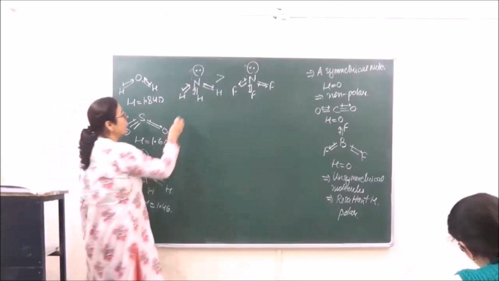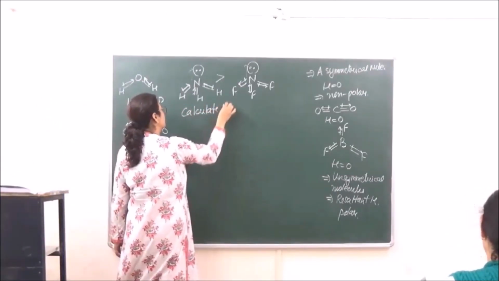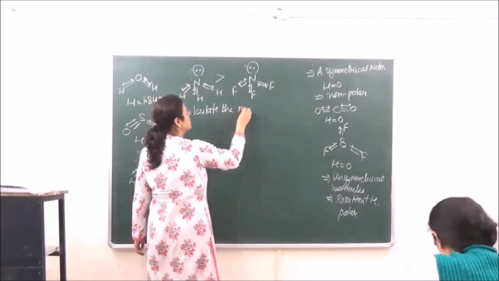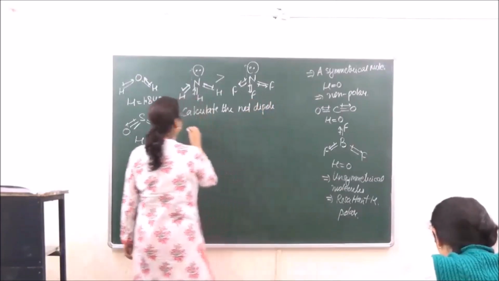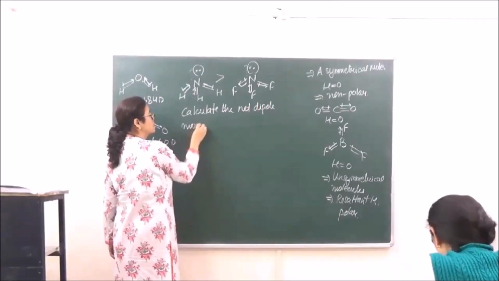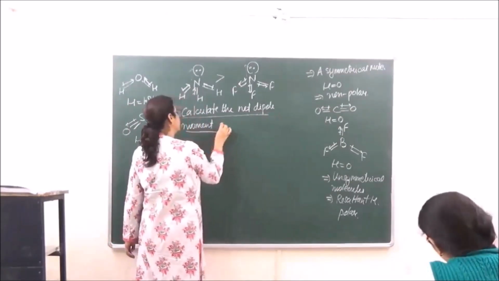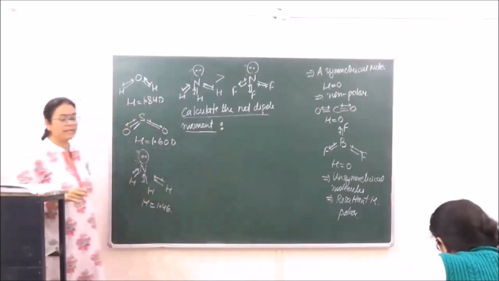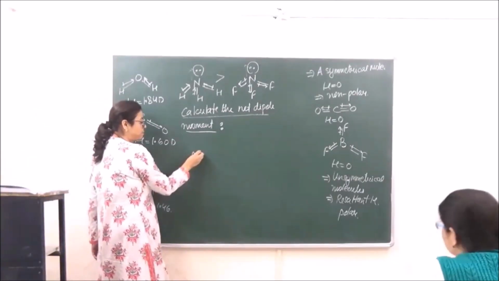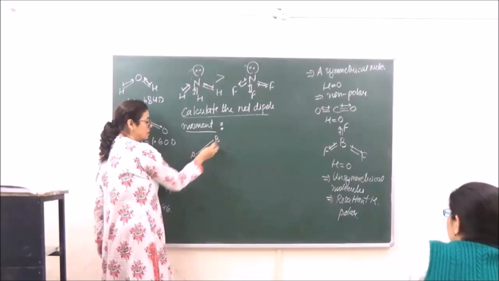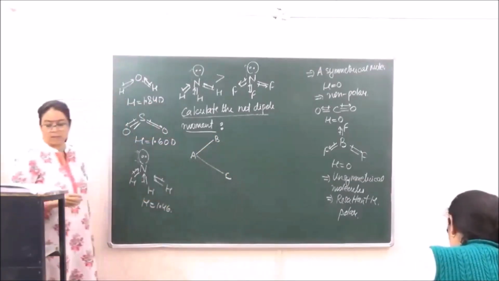Okay? Now how do we calculate the net dipole moment? In order to calculate the net dipole moment, let's say that we have a molecule A which is bonded to B and C. Okay?